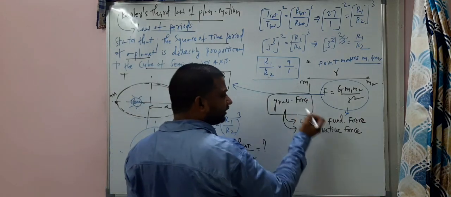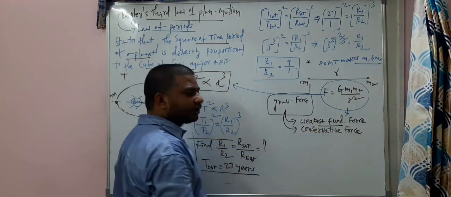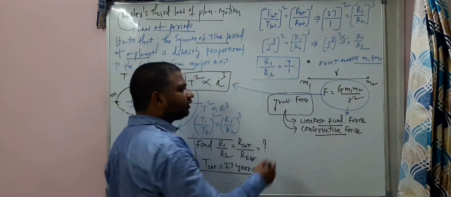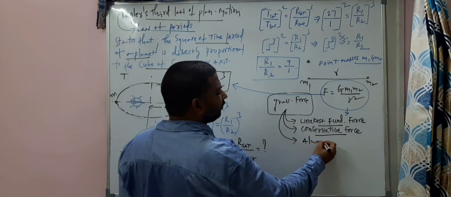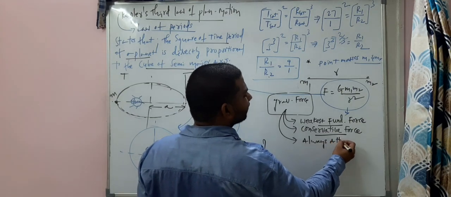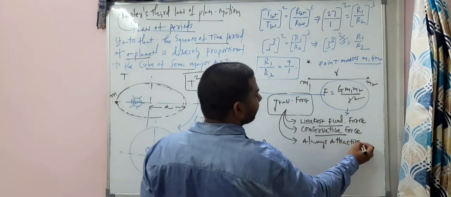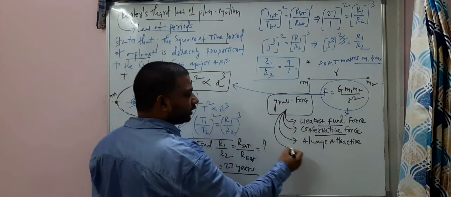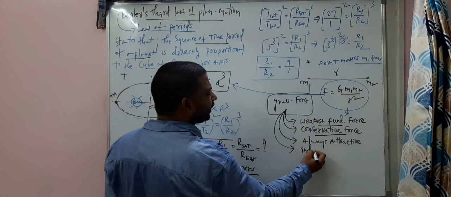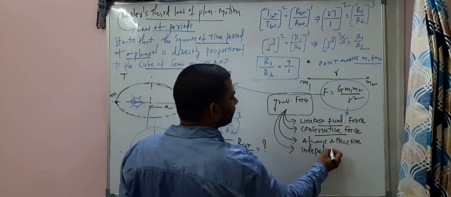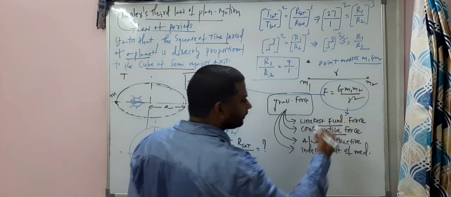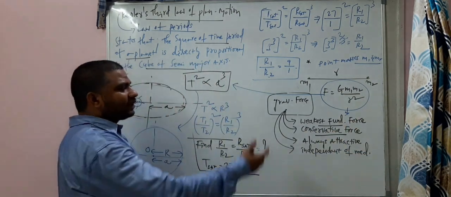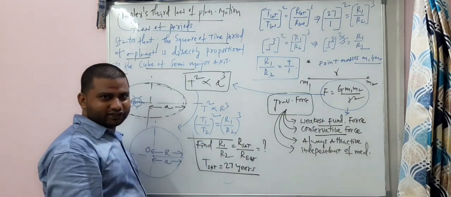Now, gravitational force is the weakest fundamental force and it is the conservative force, right? See here, it is always attractive in nature and it is independent of the medium. Okay, so these are called the properties of the gravitational force.